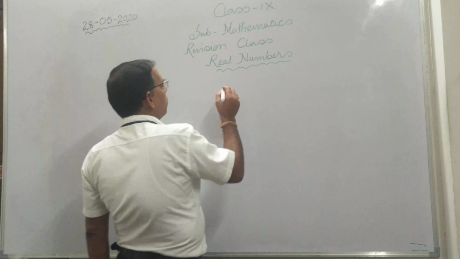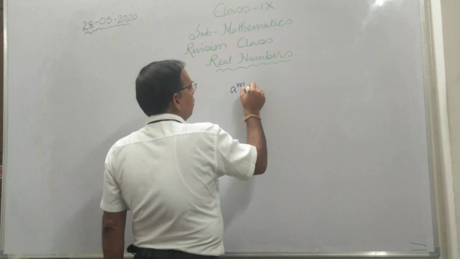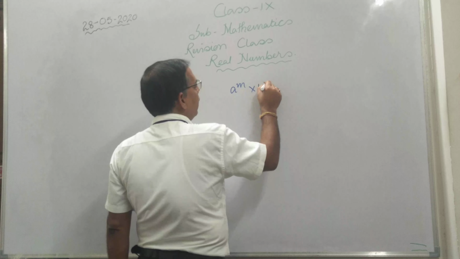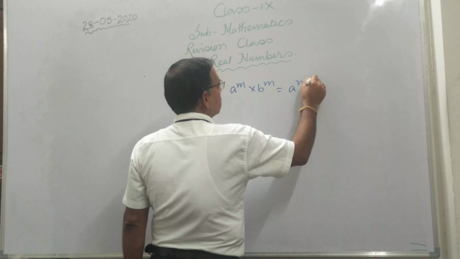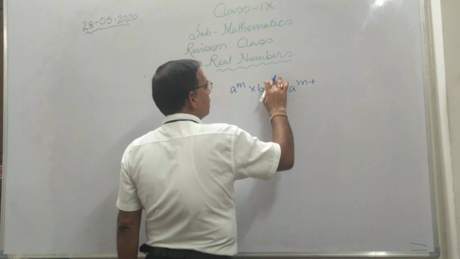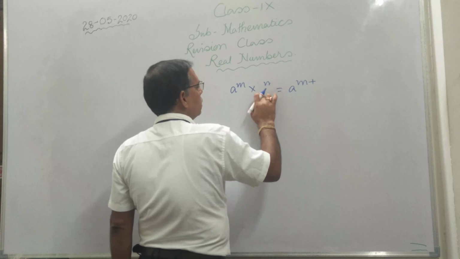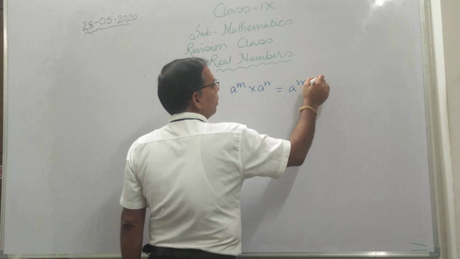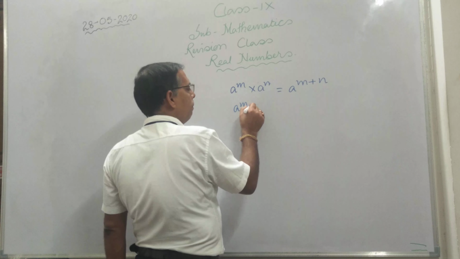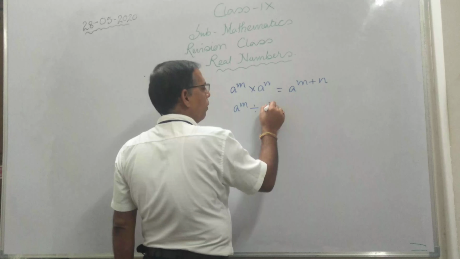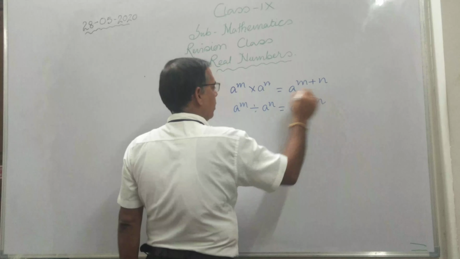So what were they? a to the power m into a to the power n equal to a to the power m plus n. Then a to the power m divided by a to the power n equal to a to the power m minus n.